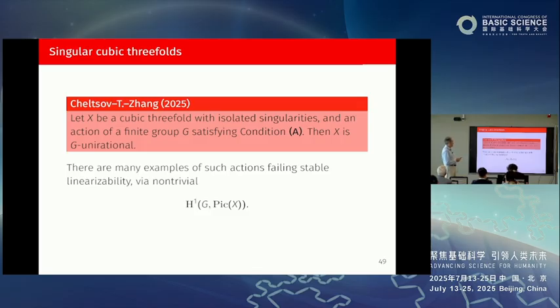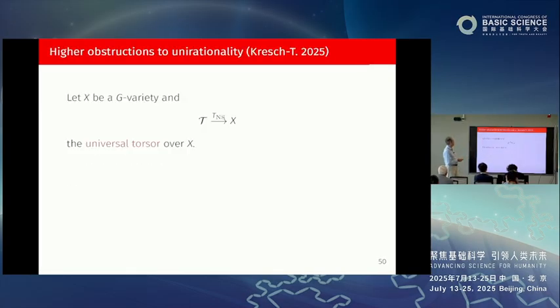And there are many examples, actually, of unirational ones that fail stable linearizability. Because in those cases, we've also computed the H1 of G with coefficients in Picard for a smooth model of that cubic, and we find many examples with non-trivial H1(G, Picard). In fact, we find all possibilities for these things in case of singular cubic threefolds, and we've also done non-isolated singularities. So here the theorem again is kind of complete for the singular ones.